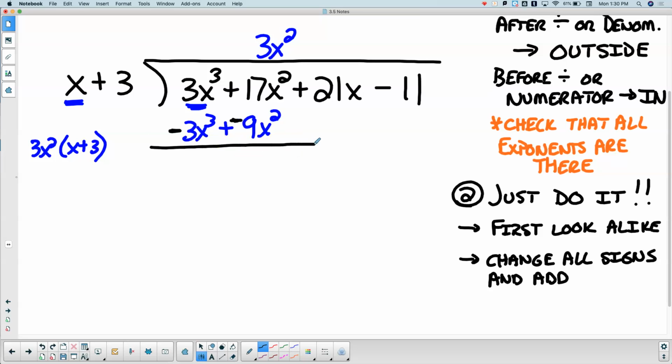That way we can now add those two together. When I add them together, the 3x cubes cancel each other out. That's what I want. I want that first term to go away. My next one then becomes 8x squared.